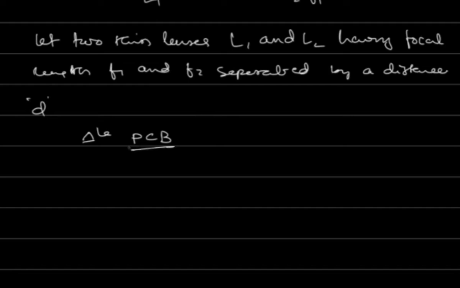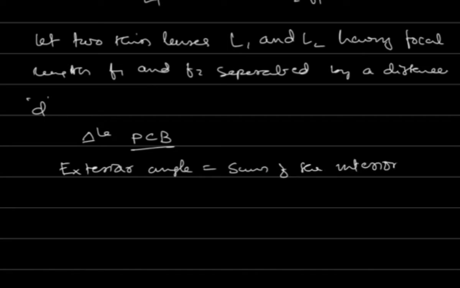So for this triangle, the exterior angle is equal to the sum of the interior angles. It means the angle of deviation, that exterior angle, is nothing but the angle of deviation, equal to delta 1 plus delta 2.